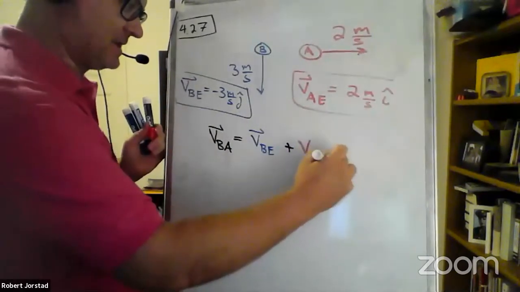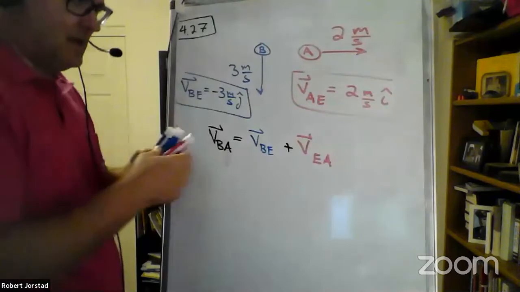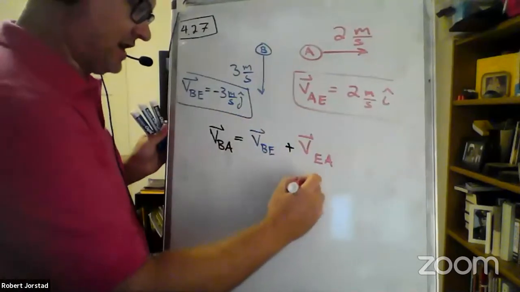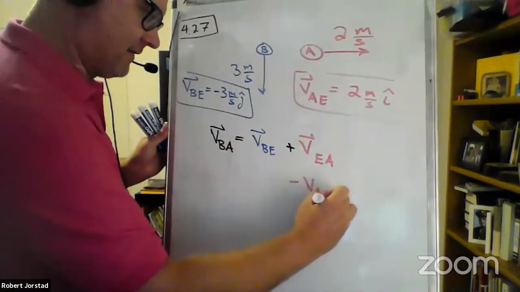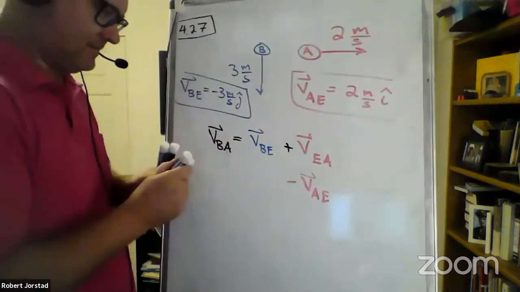Now I have my squeeze out. E gets squeezed out. Now I see, oh, now I need to change this to VAE. If I'm going to use this, I need to do a subtraction there.